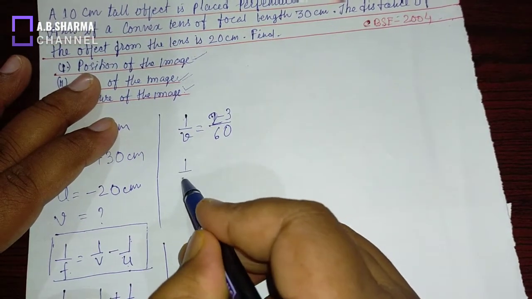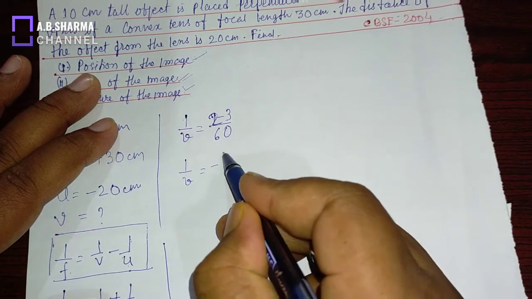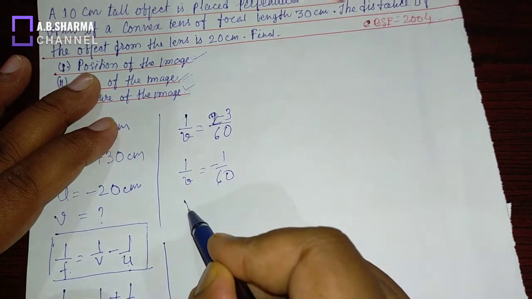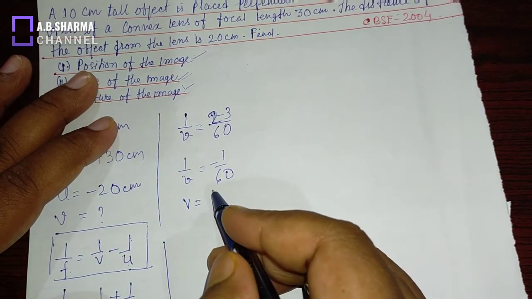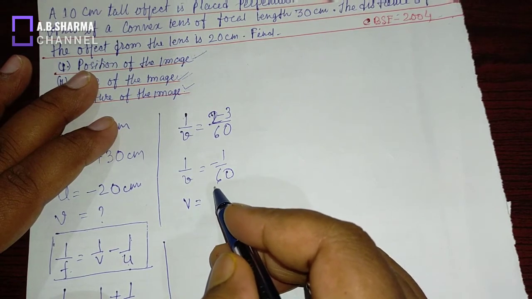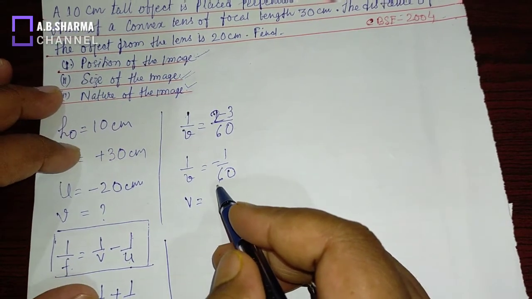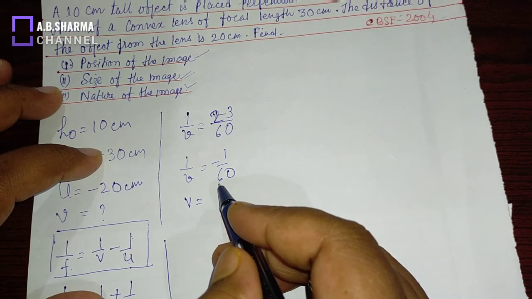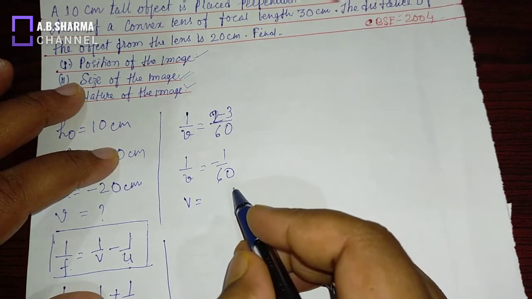So 1 over v equals to minus 1 over 60, or v equals to minus 60 centimeter.